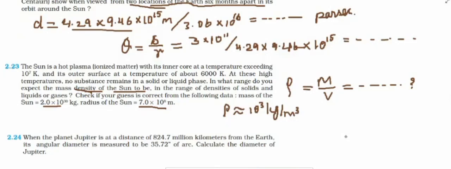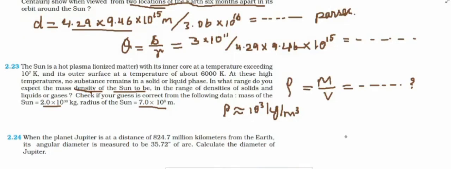But we believe that the main constituent of the sun is just different types of gases, mainly hydrogen and helium. So then how do you get an answer which is in the range of solid densities?